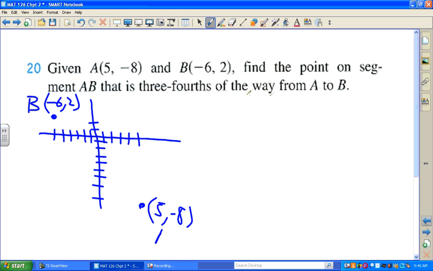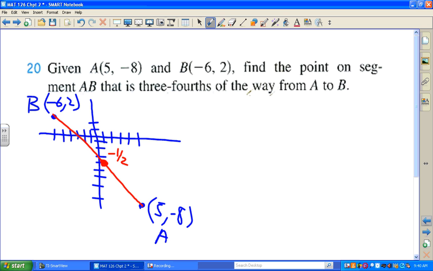How do you find the point on this segment that's 3/4 of the way from A to B? Andrew? Midpoint, check. Okay, so 5, negative 6 would be negative 1/2.